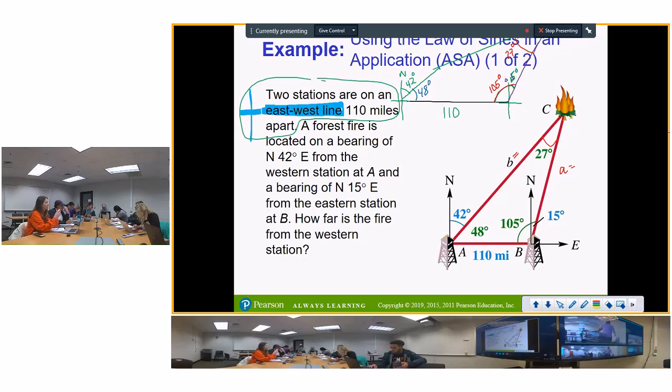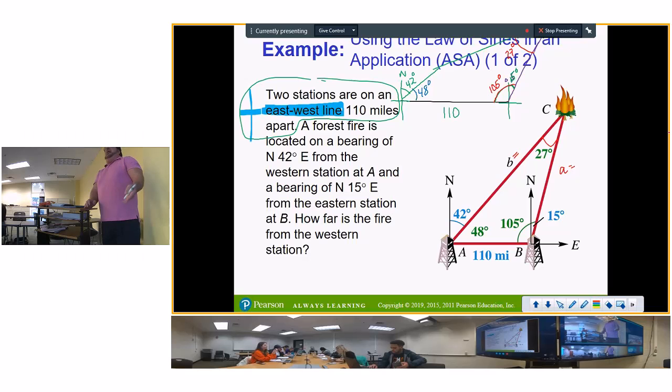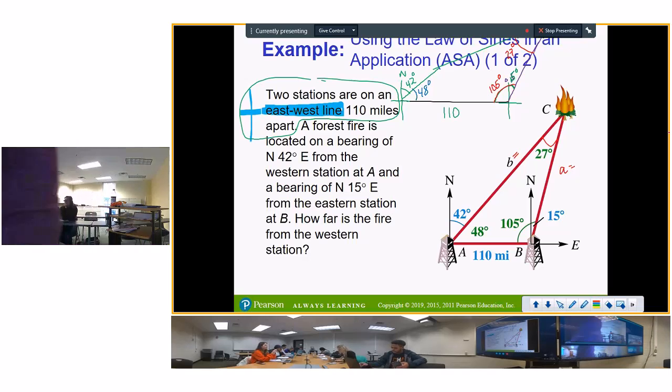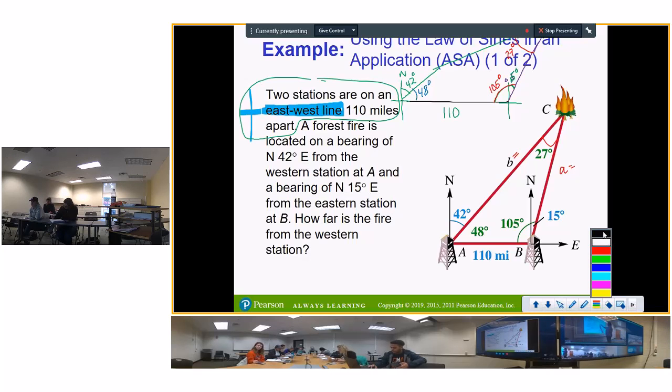Somebody tell me which angle you want to go for. Well, with side, I'm going to go for A. So I'm going to pick out A. Why? Because it comes in the alphabet first. So I put A right here. So that dictates on the bottom sine of 48. Good job.